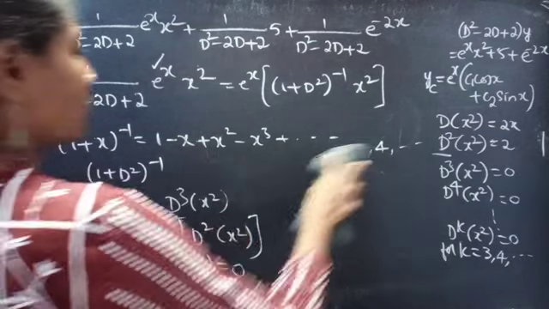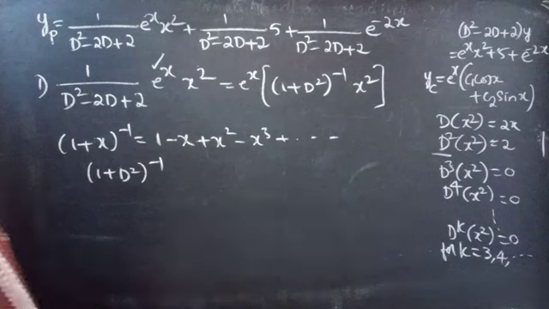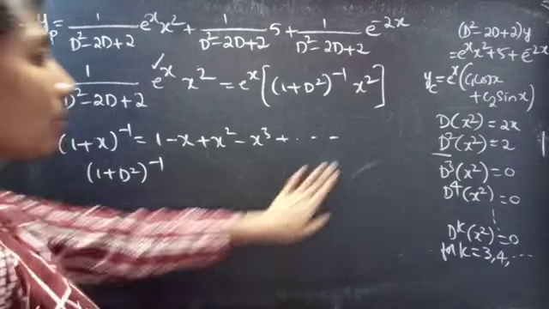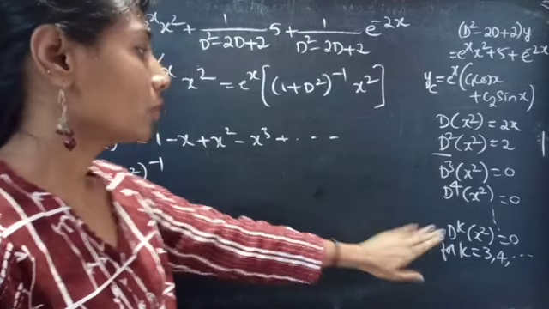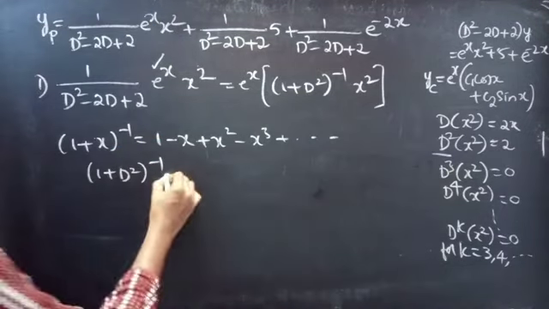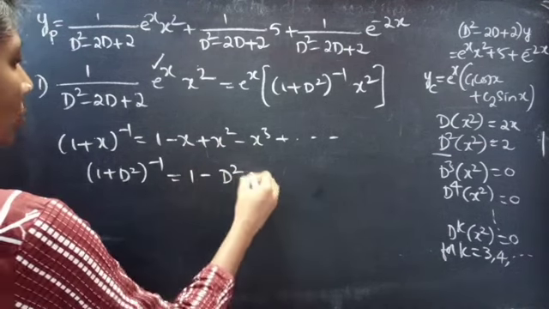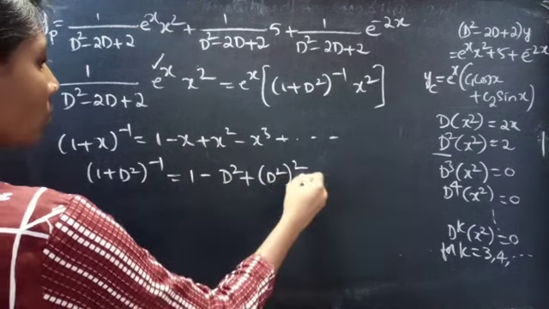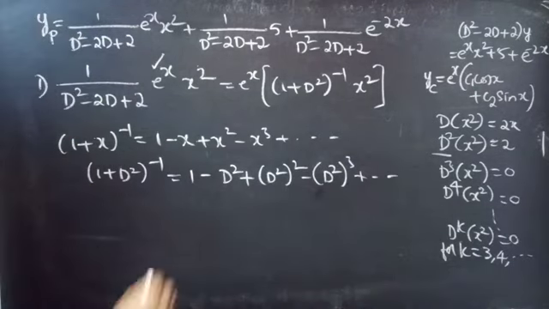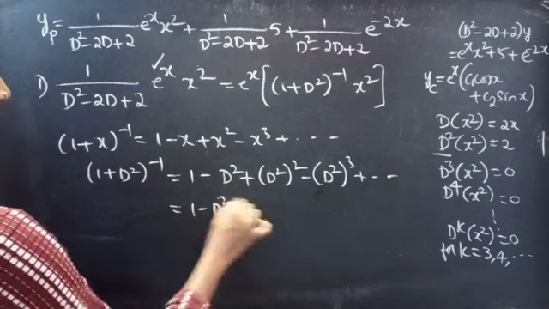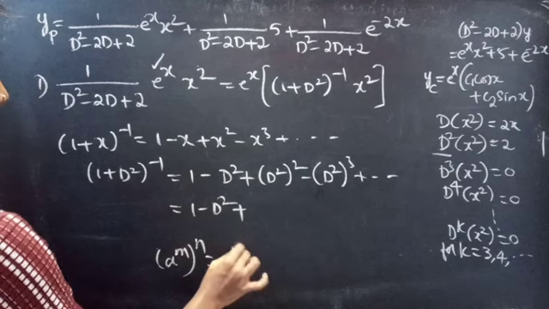So now, keeping all these derivatives in mind, we'll expand 1 plus D square whole inverse. We can neglect the higher derivatives from D cube, D power 4. This equals 1 minus, for x equals D square, we'll get D square plus D square whole square minus D square whole cube plus so on, which is equal to 1 minus D square plus, we know that a power m whole power n equals a power m into n.